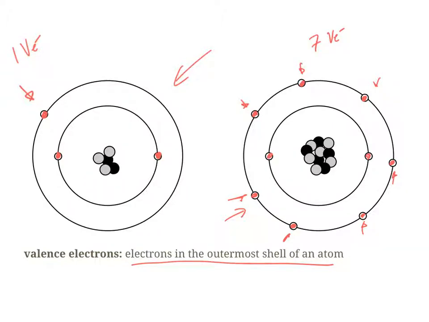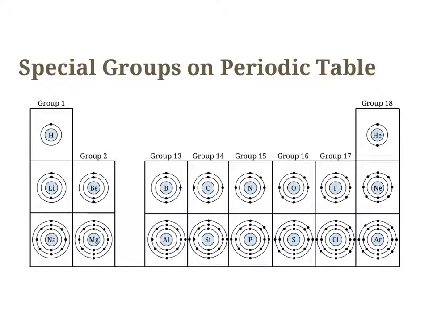So there are special groups on the periodic table, and this is a diagram of the periodic table that has Bohr models drawn out for the first 3 periods, or the first 3 rows. In group 1, what I would like you to notice is that every single atom in group 1 has 1 electron in its outermost energy level.